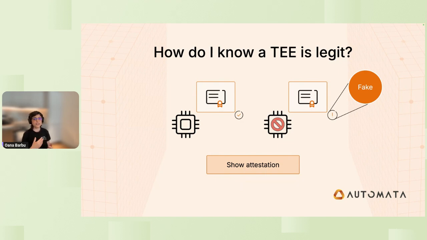And unless the enclave runs on legitimate hardware, it cannot produce a valid attestation report. So in this case, because the enclave on the chip on the left is legitimate, it was able to produce a valid attestation, whereas the one on the right isn't. And the attestation report that it tried to fake, we will be able to identify that the report is fake.